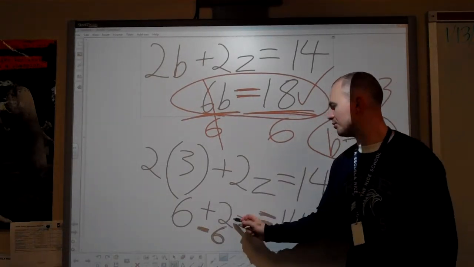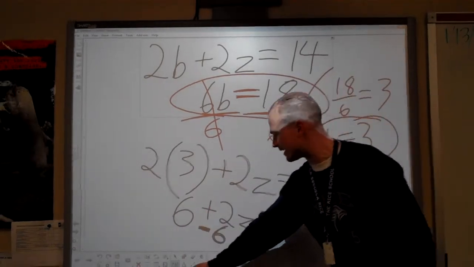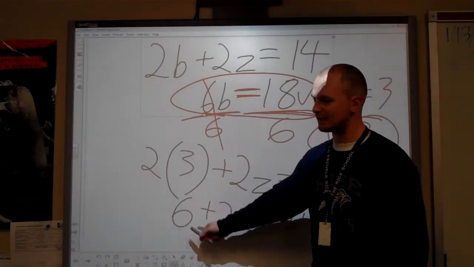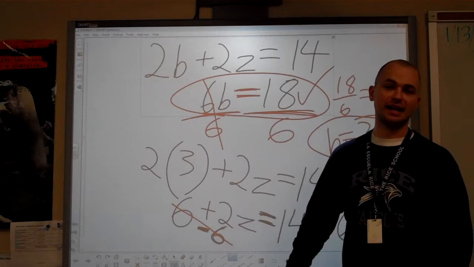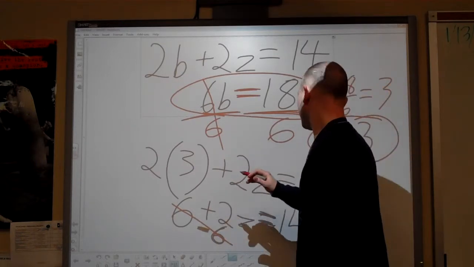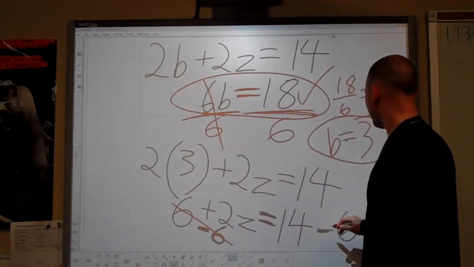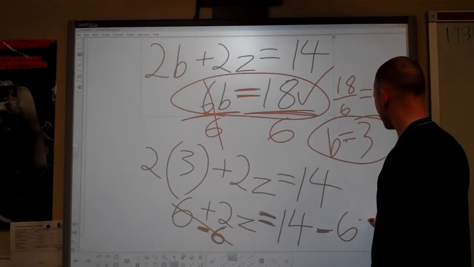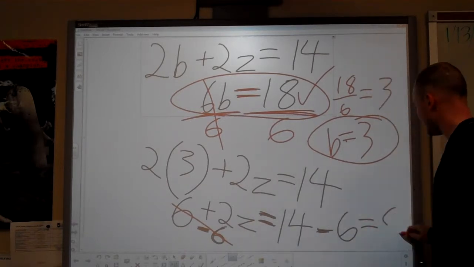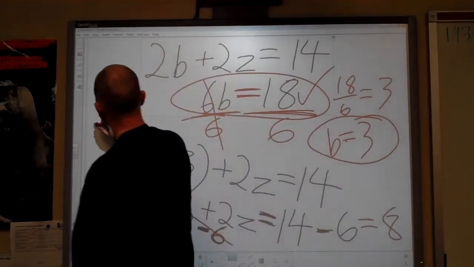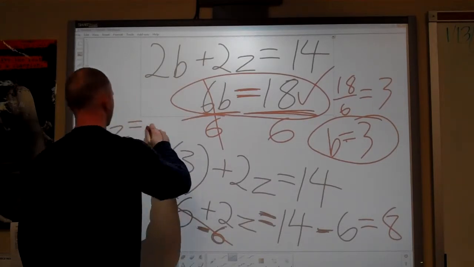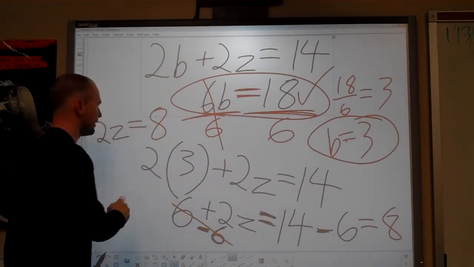Any number plus 6 minus 6 cancels out. So I've got 2Z equals 14 minus 6. 14 minus 6 is 8. So I have 2Z equals 8.